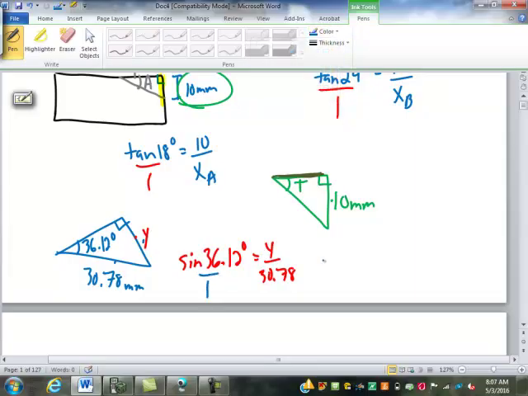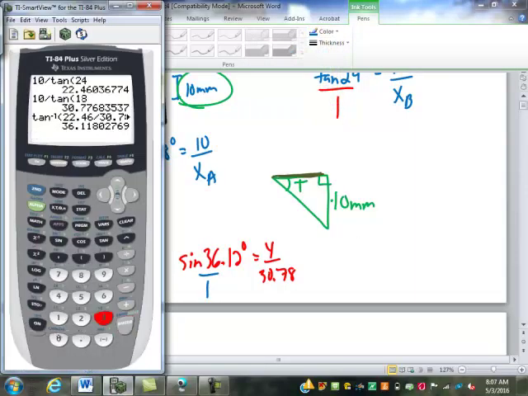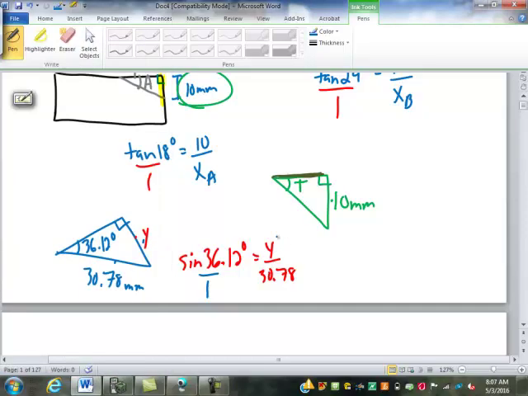So it's going to be 30.78 times the sine of 36.12. Give me 18.14. So this is 18.14 millimeters, which means this here is 18.14 millimeters.